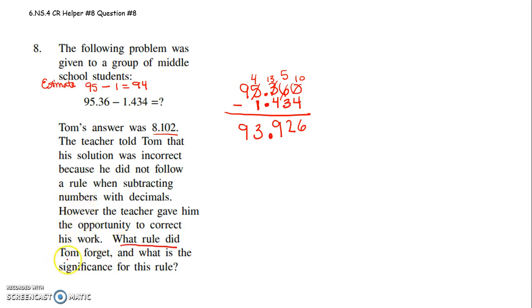What rule did Tom forget, and what is the significance of the rule? So Tom forgot to line up the decimal points.